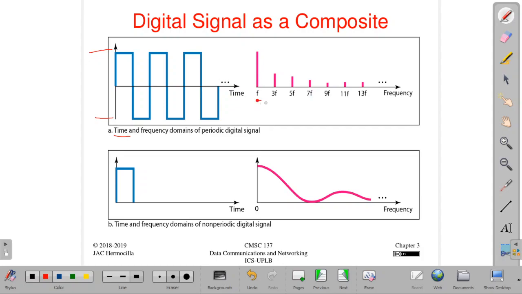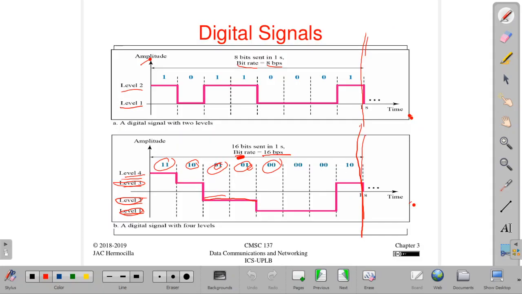So we have a fundamental frequency, harmonics of the fundamental frequency, and it's basically infinite. You see, it has infinite bandwidth, and this is a periodic digital signal, but most digital signals are aperiodic, as shown here.